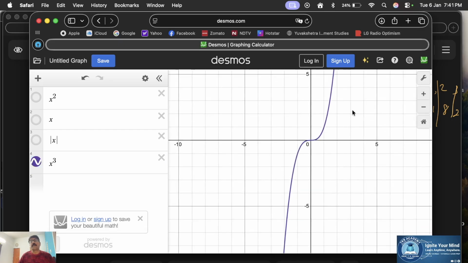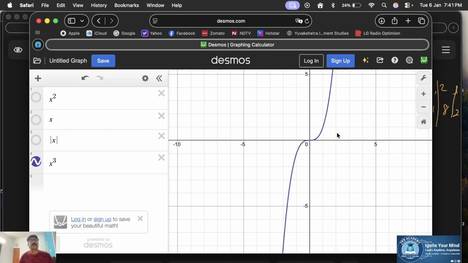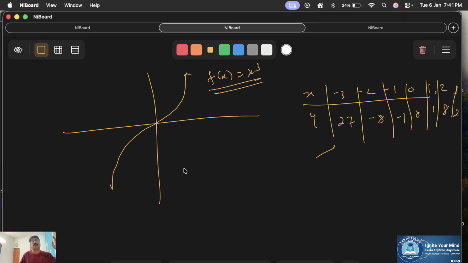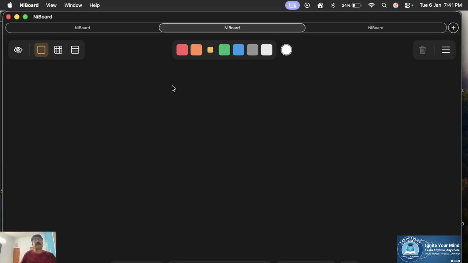See the graph, this is the graph of the function x³. You can similarly draw the graph of x⁴, x⁵, and a pattern you will see later, and in higher mathematics you will learn how the graph goes. So all these are polynomial functions: f(x) = x, f(x) = x², f(x) = x³. There is another function called a rational function.